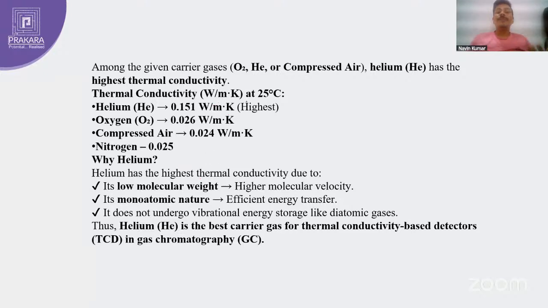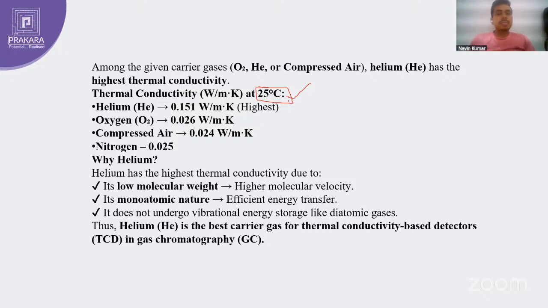which you need to remember, and the thermal conductivity of each of the gases at 25 degrees Celsius is already well documented in a number of books and in a number of pharmacopoeia.